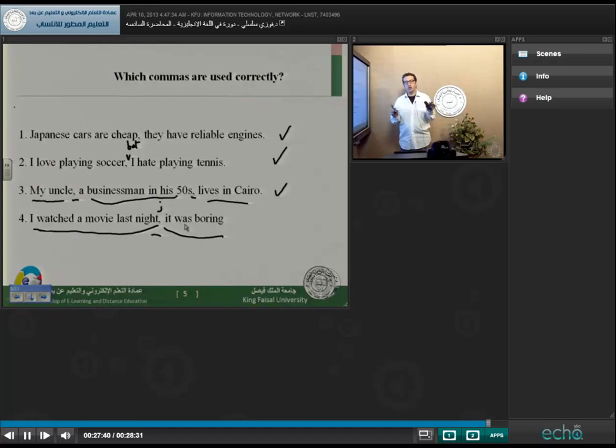So we don't want to break them with a period, and we're using a semicolon. And this makes it correct now. So these are four ways that can help you solve the problem of the comma splice.